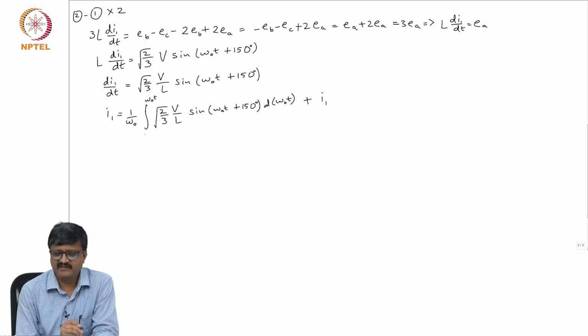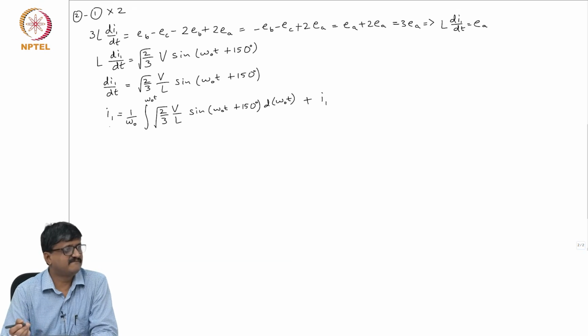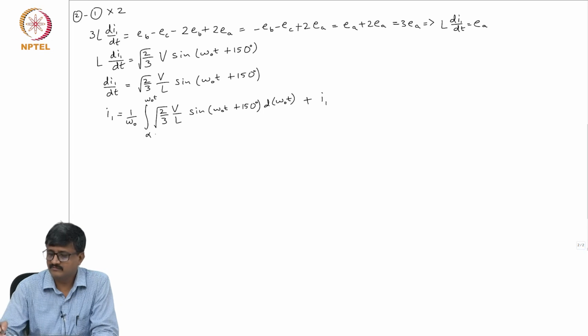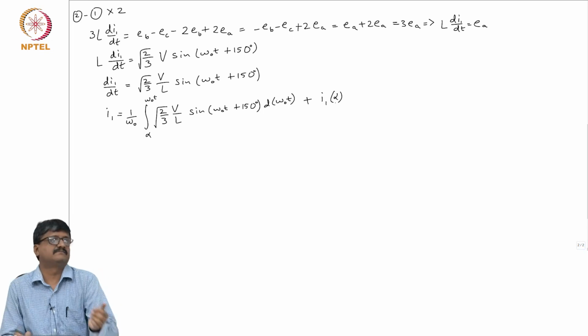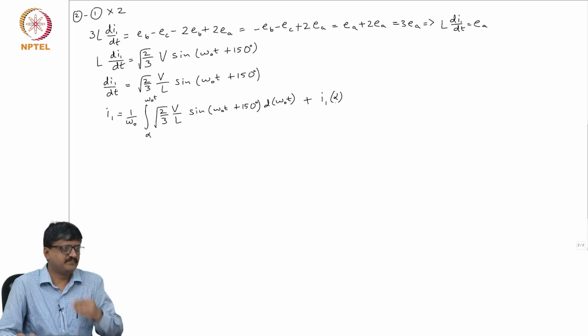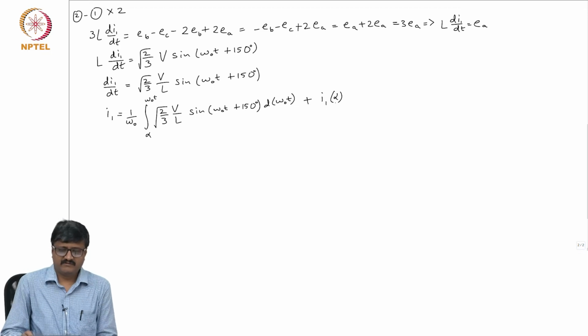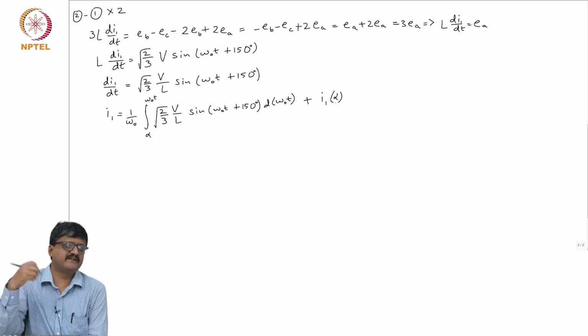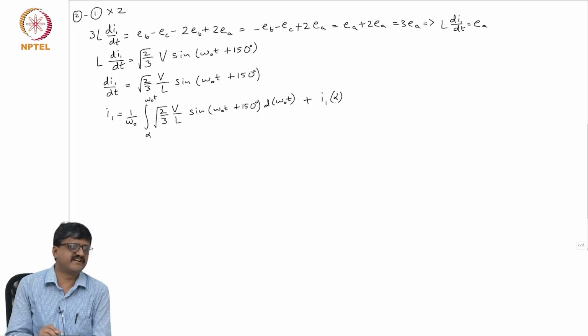So what is the lower limit? This expression is applicable from what instant? Yes, from alpha. So this gives the answer in one step. Otherwise you have to write it in terms of a constant of integration and then get the constant of integration again.